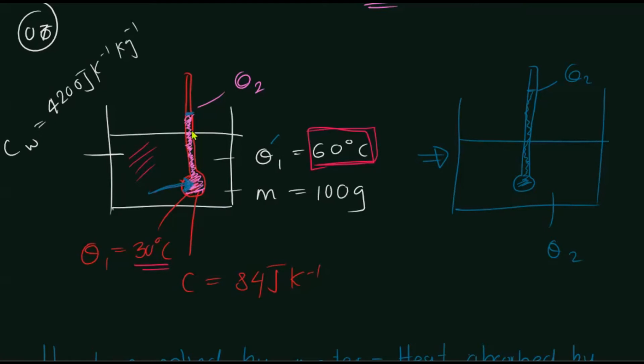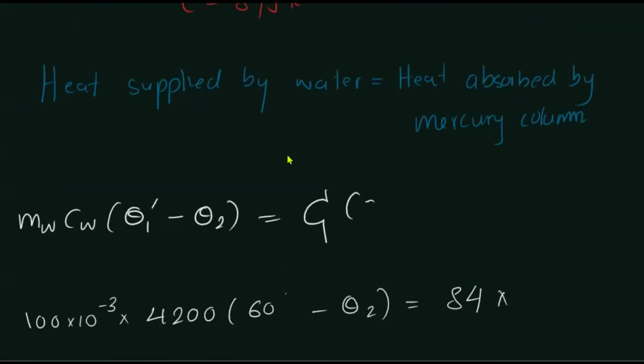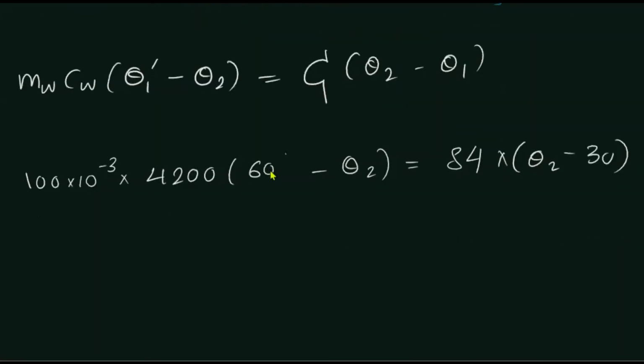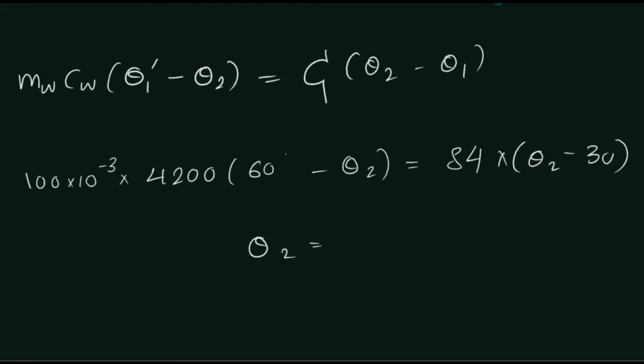It rises to the equilibrium temperature theta 2. So therefore, it's theta 2 minus theta 1. What is theta 2? That is what we need to find. What is theta 1? 30 degrees Celsius. If you simplify this, you're going to get theta 2 as around 55 degrees Celsius, right?